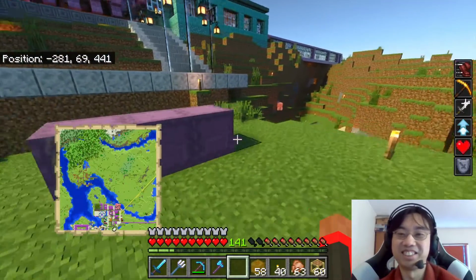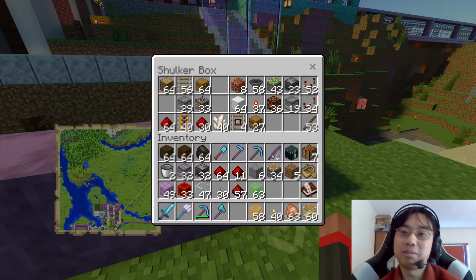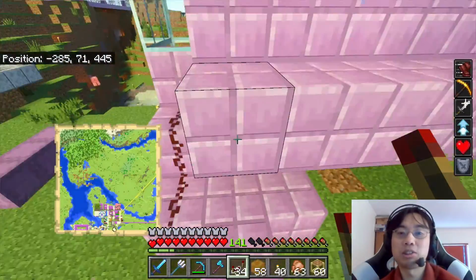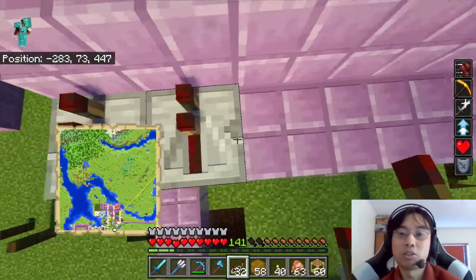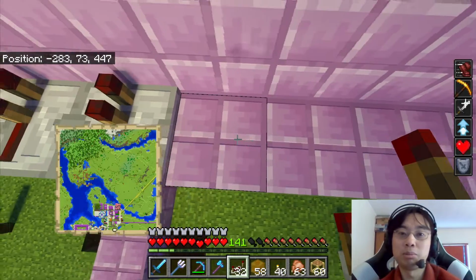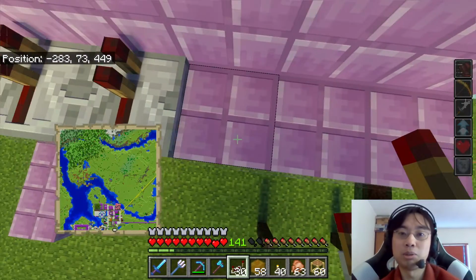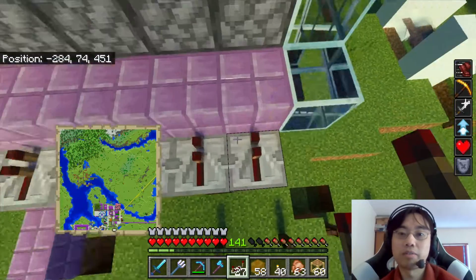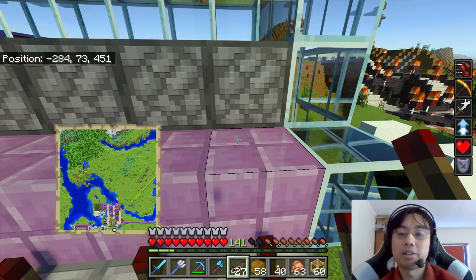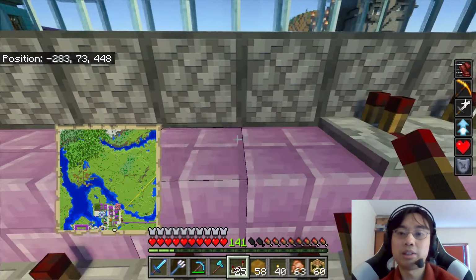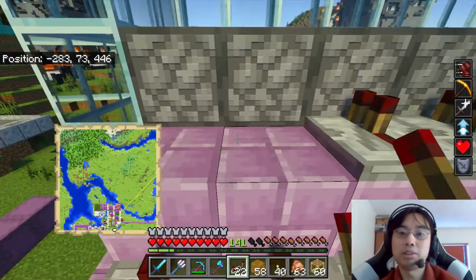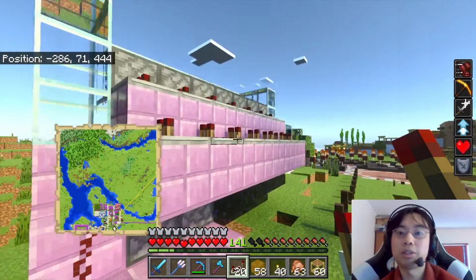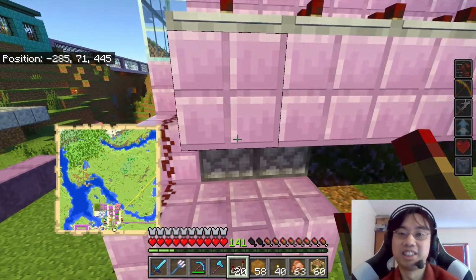This is so complicated. I'm not gonna build this thing right away. I'm probably gonna spend a whole week trying to optimize this. So this activates the middle pistons. These things activate the middle pistons. And then these things activate the top pistons. And then the observer activates this stuff.